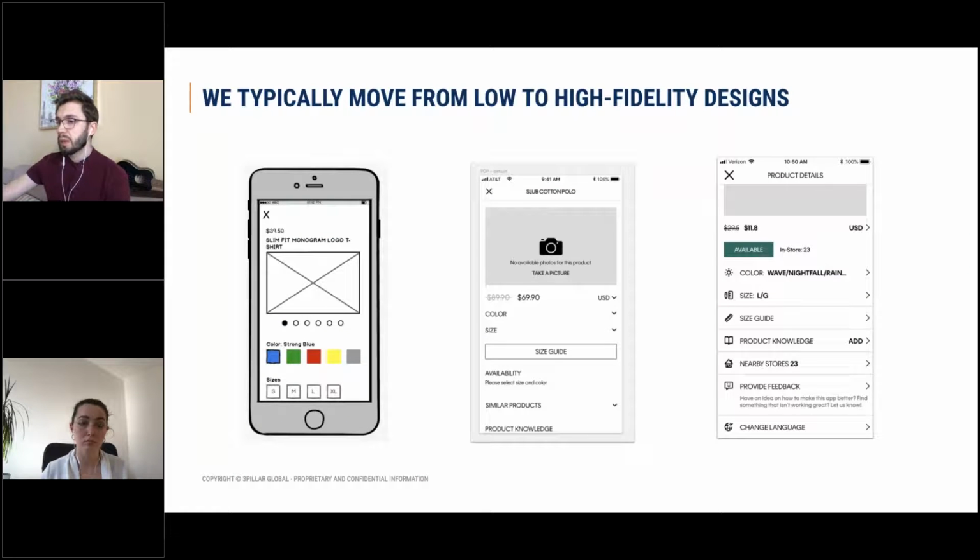So I mentioned something about different levels of complexity when it comes to design sprint outcomes.